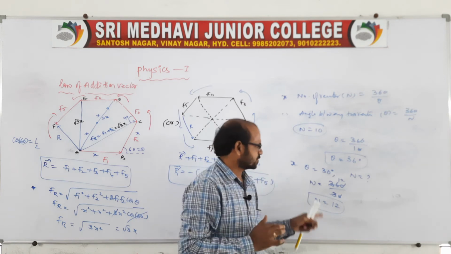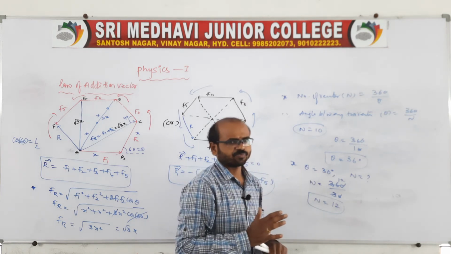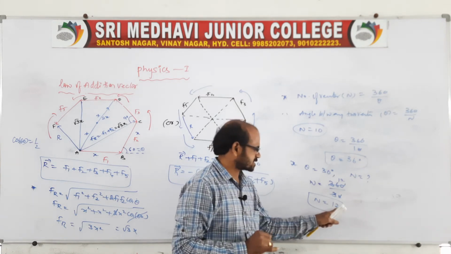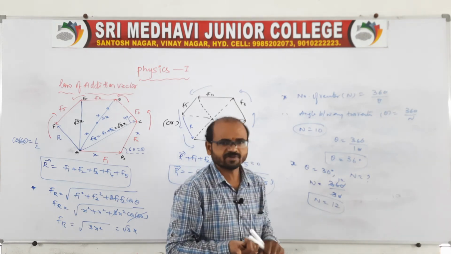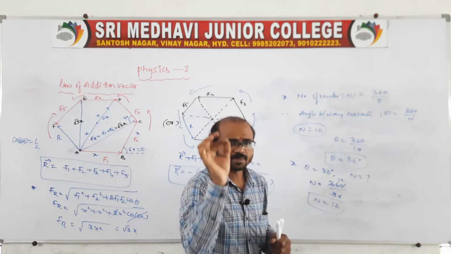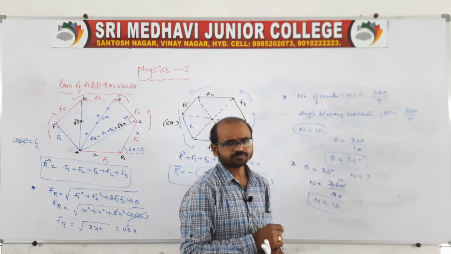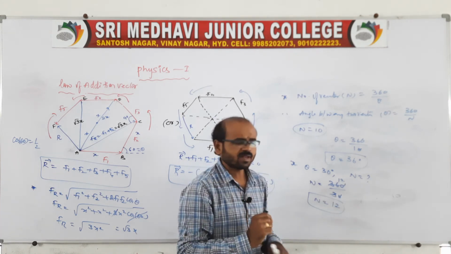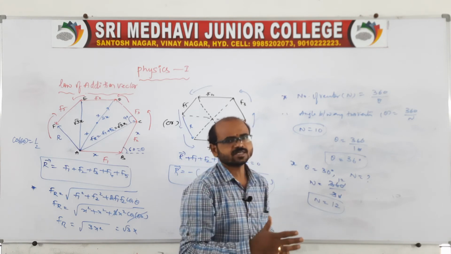Suppose in that way there is also an angle given, so based on the angle we can also find the resultant. If the number of vectors is an even number, the resultant force is the same as the given individual force. If it is an odd number, what will happen? For an odd number we will get the resultant as 0.